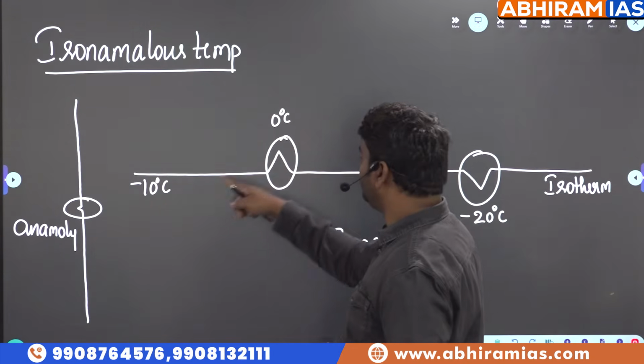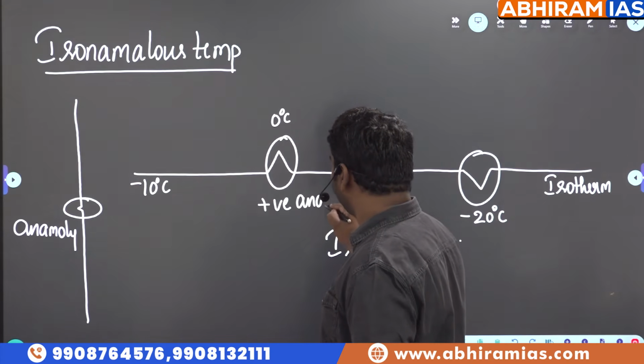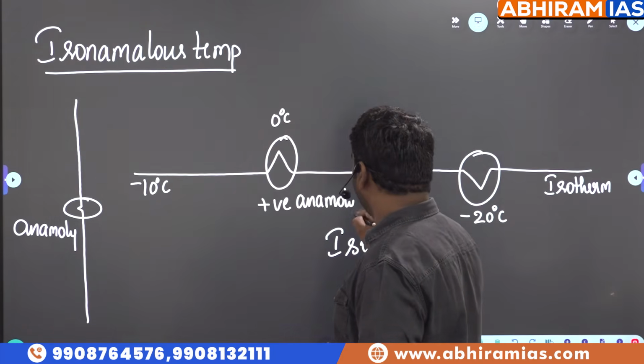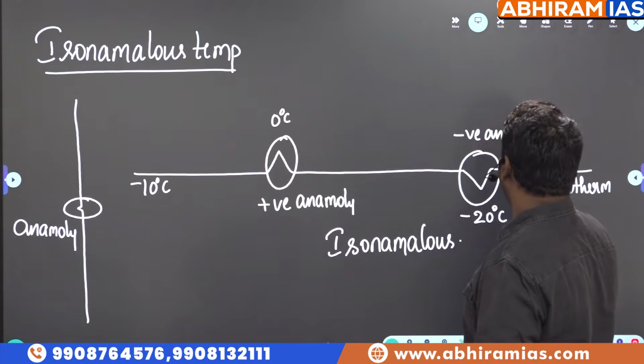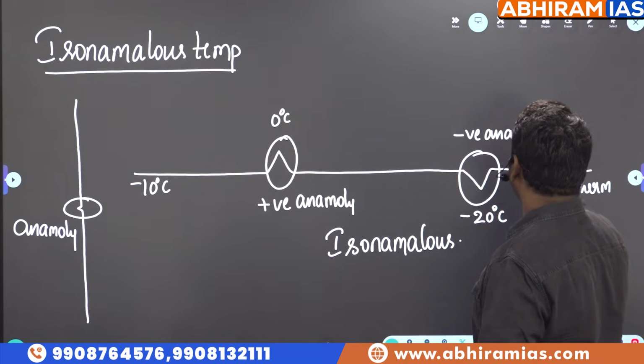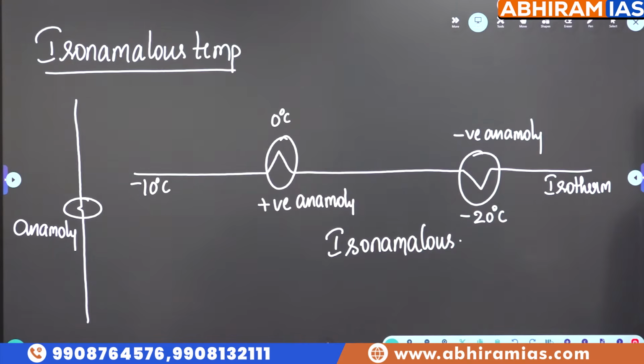As it is more than minus 10, it is called positive anomaly. It is less, it is called negative anomaly. Word is important, isonormalous temperature.